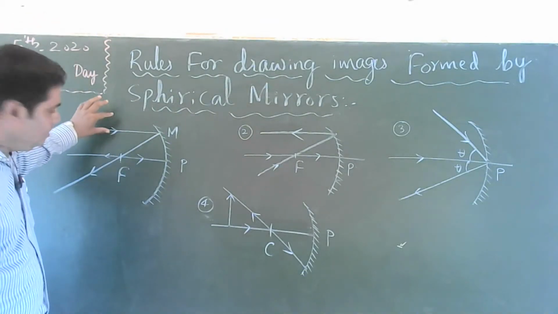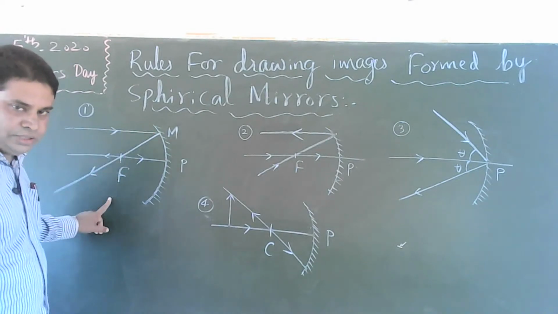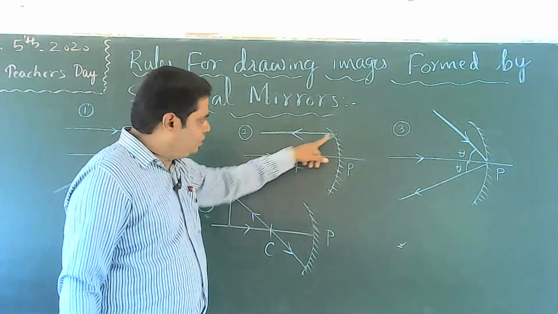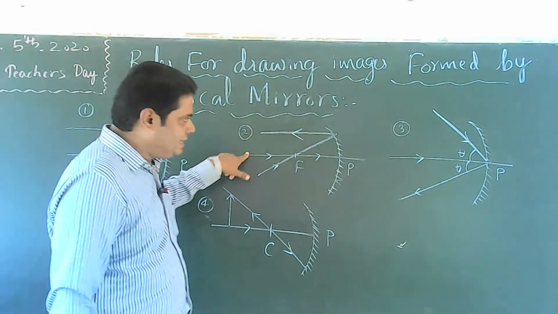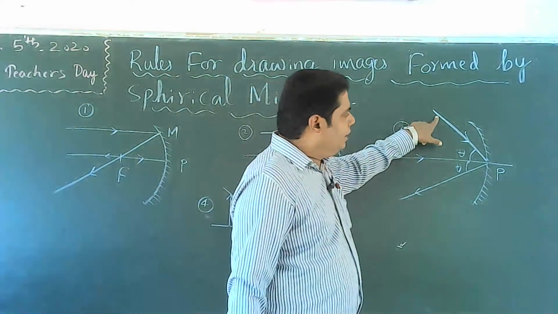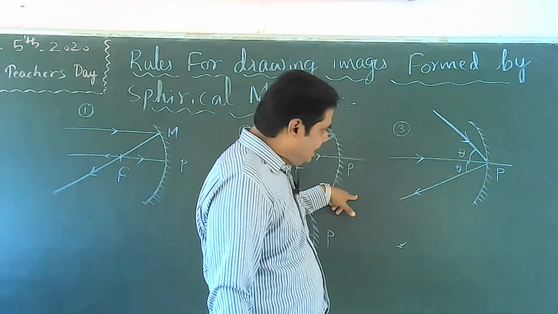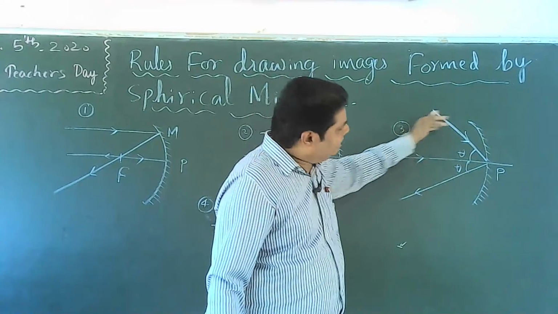Which ones? First ray, which is parallel to the principal axis, after reflection passes through the focus. Second ray, if a ray is passing through the focus, after reflection it will proceed parallel to the principal axis. Third, if a ray of light is incident on the pole, it will reflect like this, obeying the laws of reflection.